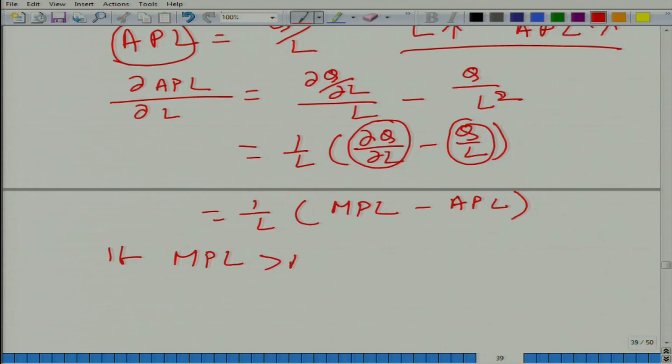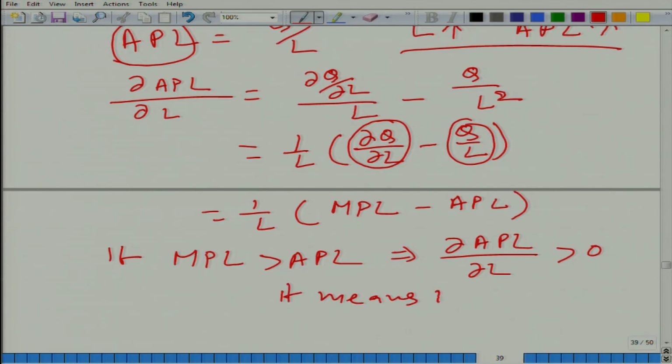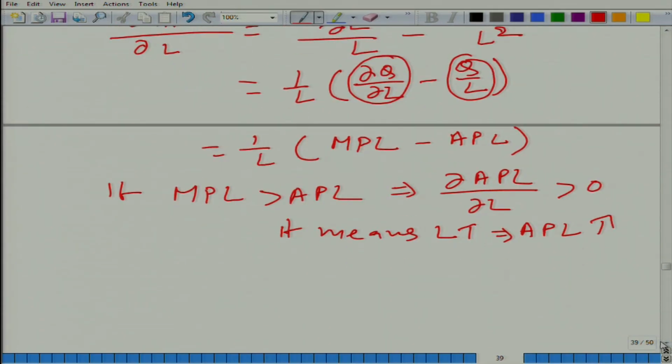if MPL is greater than APL, what does it mean? That partial derivative of APL with respect to labor is greater than 0. It means L goes up, APL goes up. Fine. Is it clear?